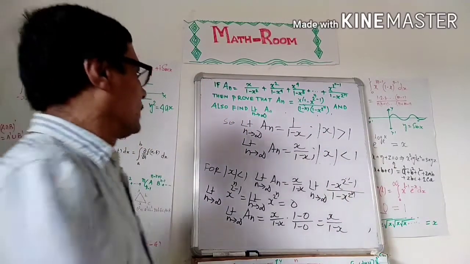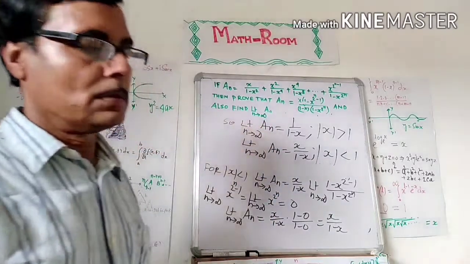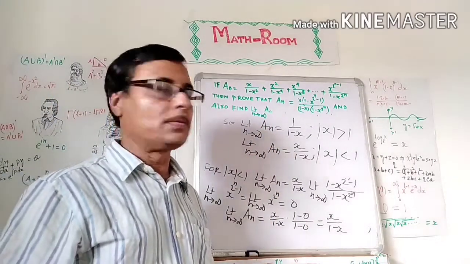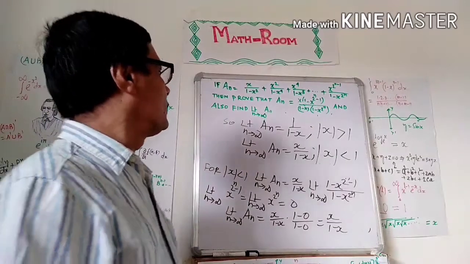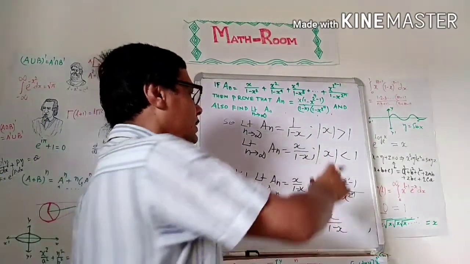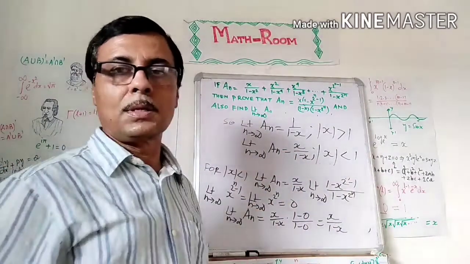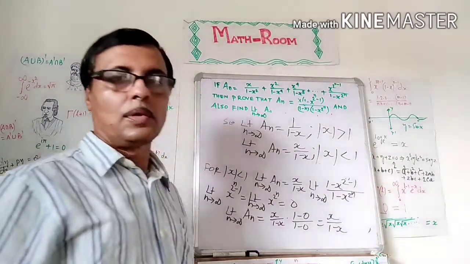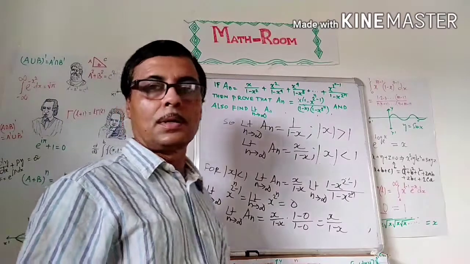So we have got two limits as n tends to infinity for two conditions: one condition is mod x greater than 1, another is mod x less than 1, and also for x equal to 1, the limit does not exist.